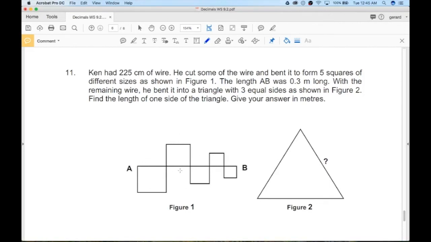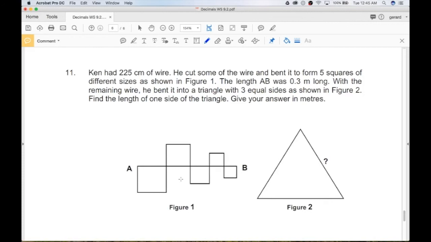Since A and B is actually 1/4 of all the wire used inside here, because it's 1/4 of this square, 1/4 of this square, 1/4 of this square, 1/4 of this square, 1/4 of this square.